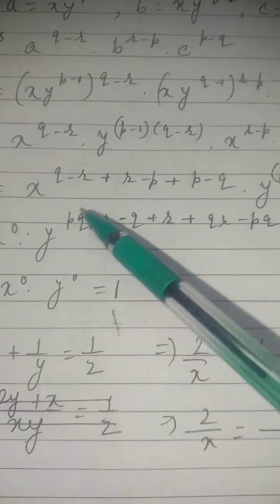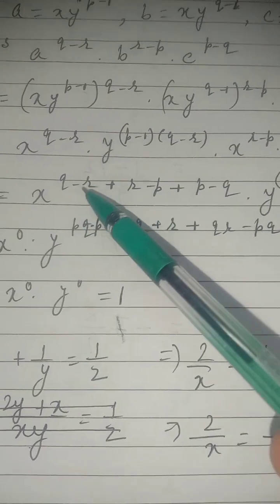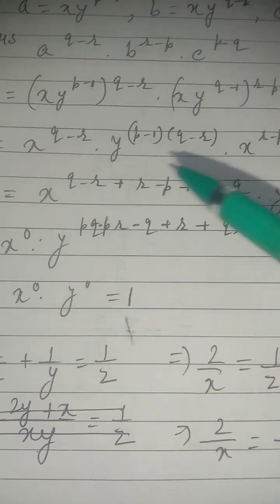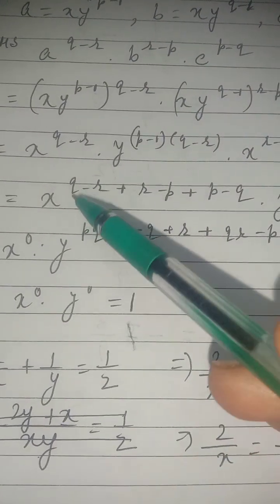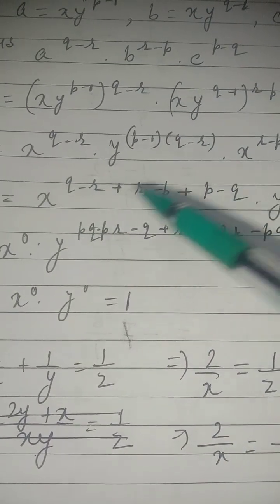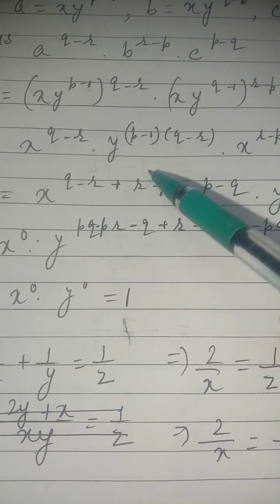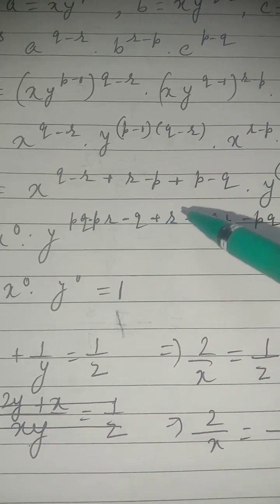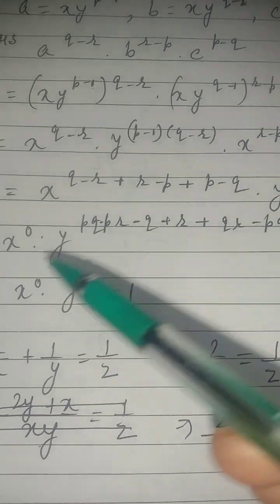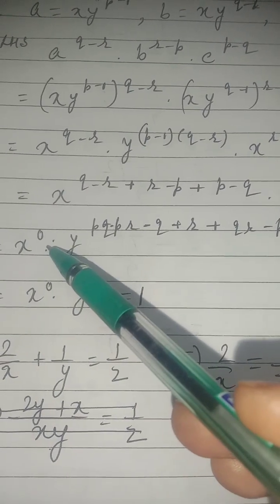After writing it, we'll see that all these powers will cancel: q - r + r - p + p - q, all cancel and x^0 will be there.